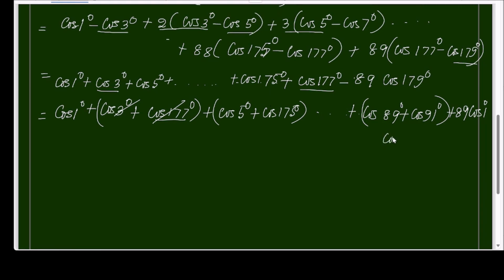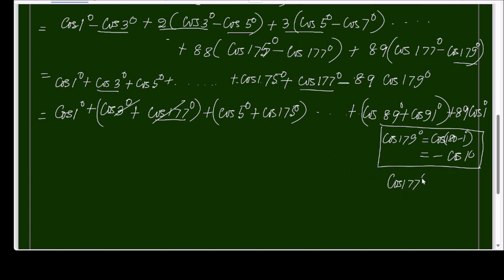Cos 179 is equal to cos 180 minus 1, so that will be negative cos 1, and negative cos 1 with the negative sign here will make it positive. I applied this in all the terms so that they are cancelling each other. Cos 177 is equal to negative cos 3 degree. Similarly, cos 91 is negative cos 89, so they will cancel each other.